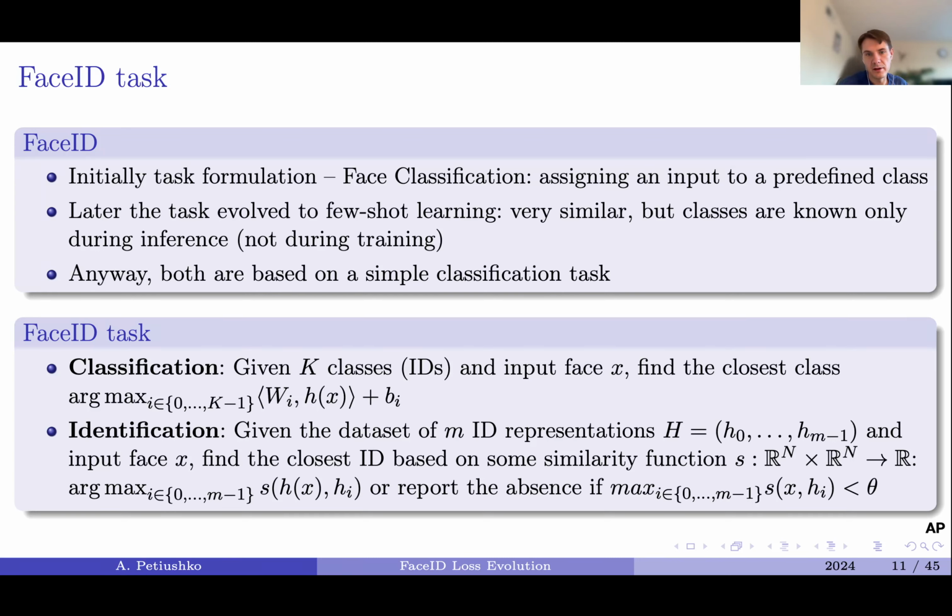And for identification, the task is a little bit harder.